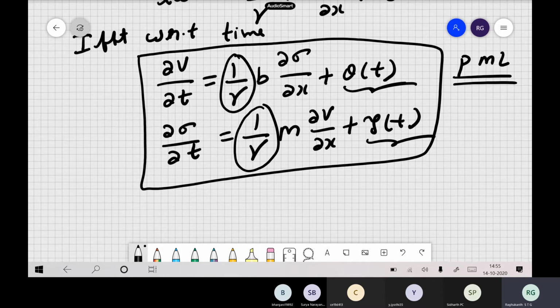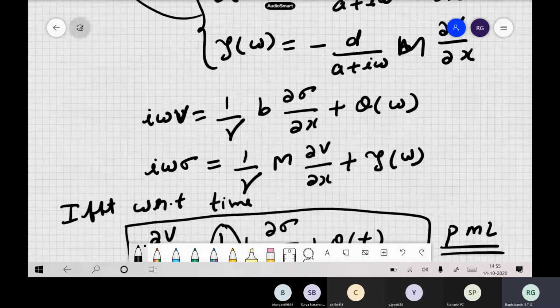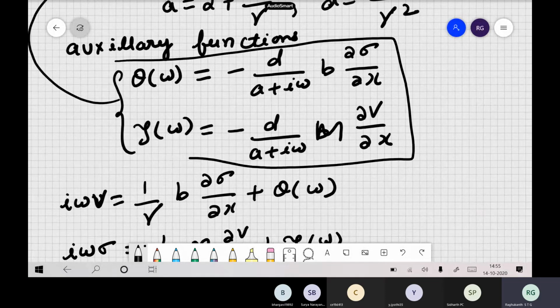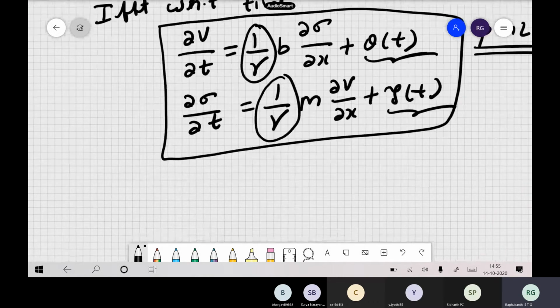Okay, and this is θ of t also. We have already written the θ of ω expressions here. If you write this in the time domain by taking an inverse Fourier transform with respect to ω, you can write these expressions like this.